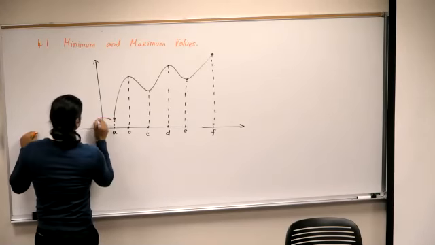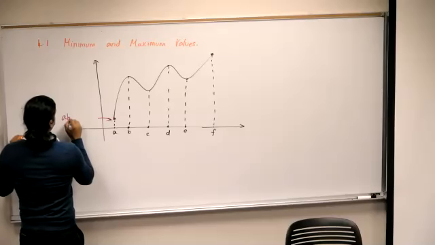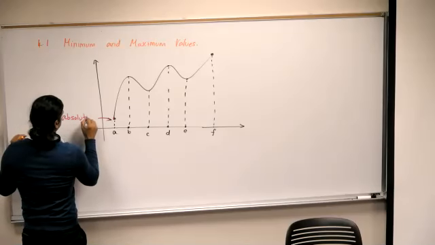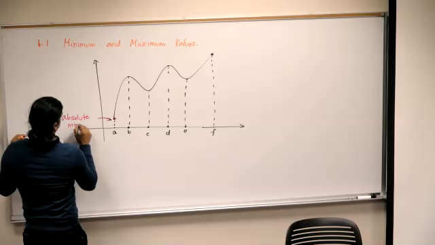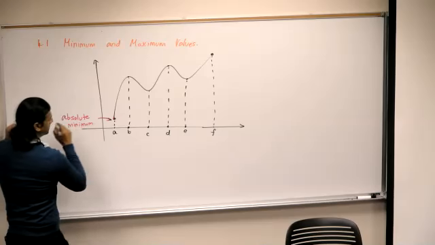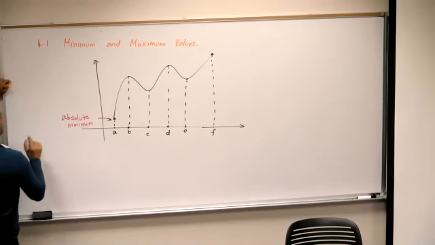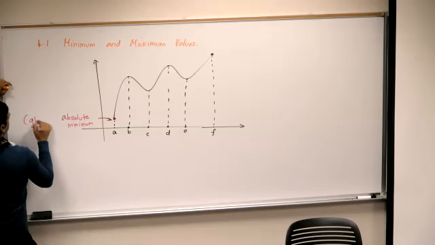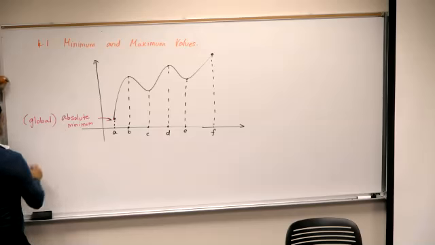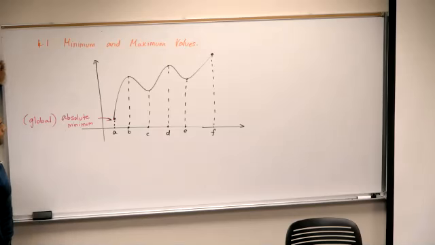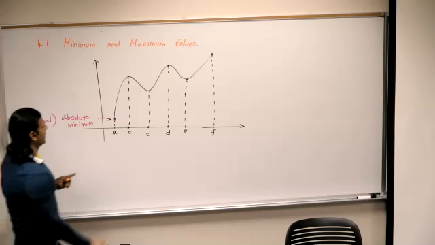So we can call that the absolute minimum. We'll call it global minimum sometimes. Why exactly does it change? Sometimes it depends on the mood of the mathematician.